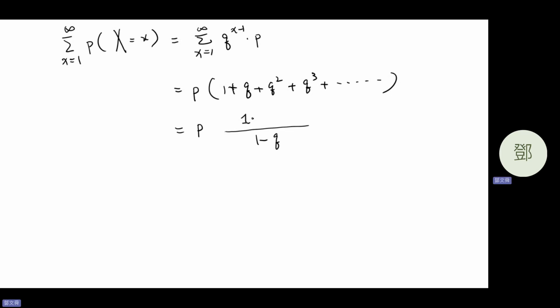The first term, 1, is the first term. q raised to the power infinity tends to 0 as the power goes to infinity. So it is p times 1 over (1 minus q).